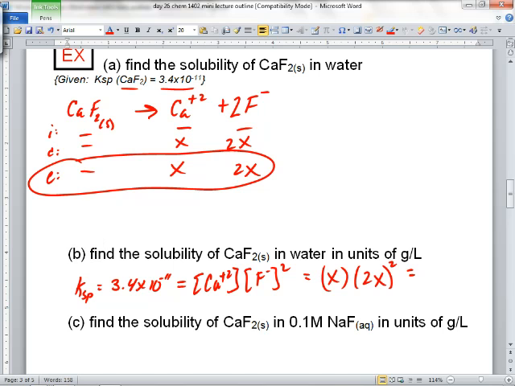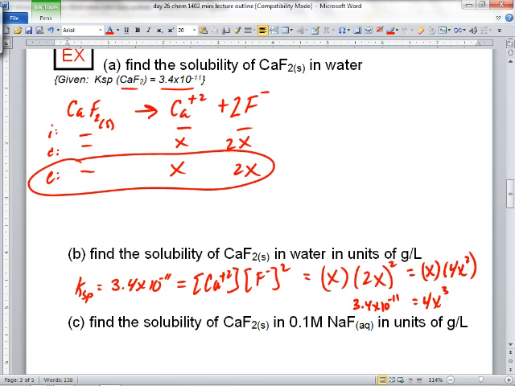X times 2x quantity squared. 2x third. She is so close. It's really x times 4x squared. So Victoria, 4x to the third. She's right. That has to equal 3.4 times 10 to the negative 11.